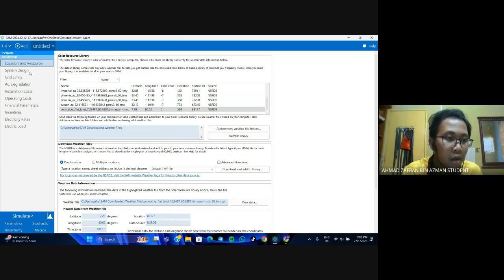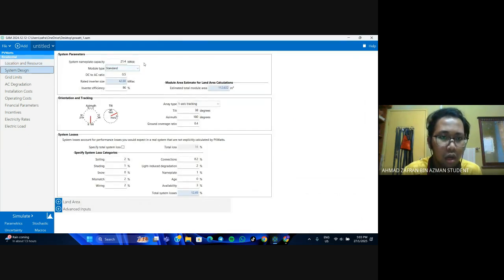For the system design here, I use 21.4 kilowatt DC, and the DC to AC ratio is 0.5, and inverter efficiency is 96, because this is the desired percentage to use at that place in central Kansas. The tilt is 38 degrees, azimuth is 180 degrees, and ground cover ratio is 0.4.